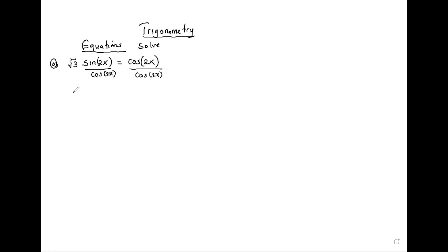So we have √3 sine 2x over cos 2x is now equal to 1. Divide by √3, divide by √3. Now we have sine 2x over cos 2x is equal to 1 over √3.